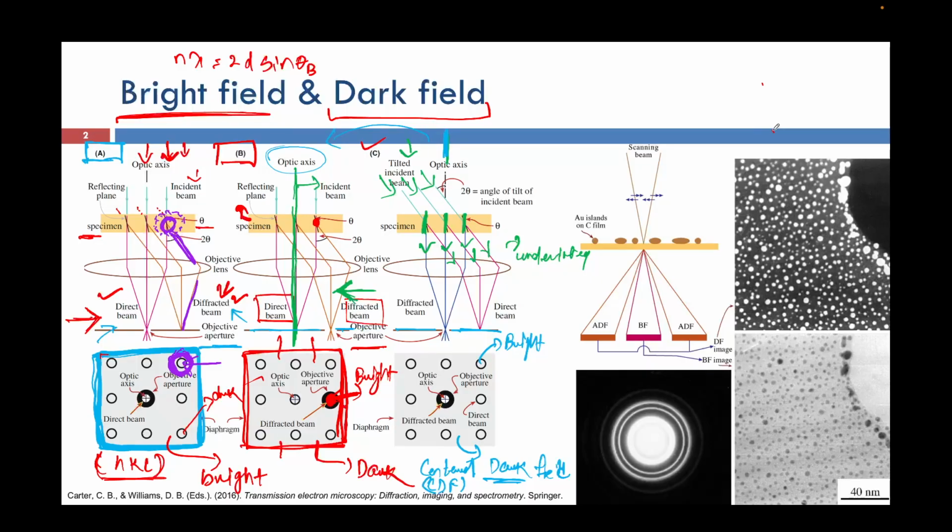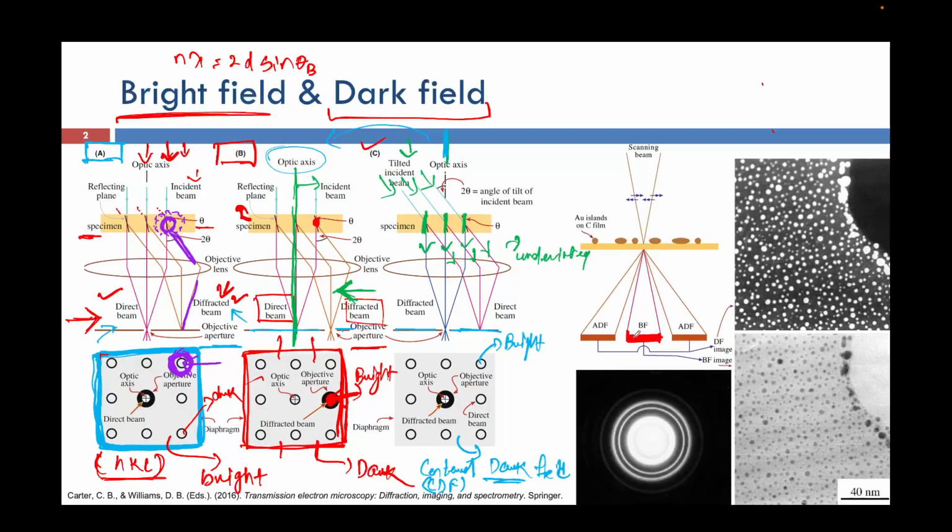Detector means based on the position of my objective aperture. If I put my objective aperture here, then for this entire segment, the beams that will be collected are known as the direct beam. Okay, so direct beam means I will be getting bright field imaging.